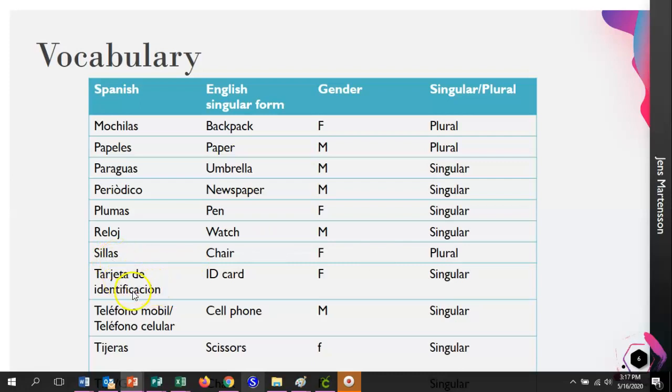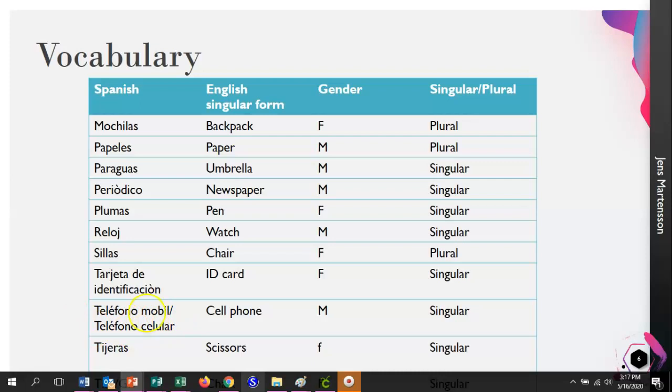Tarjeta de identificación, ID card. It's feminine and it's singular. Tarjetas, if we add the S, that would be plural. Teléfono móvil, teléfono celular. In this particular area, you're going to hear how we usually use teléfono celular to describe a cell phone.